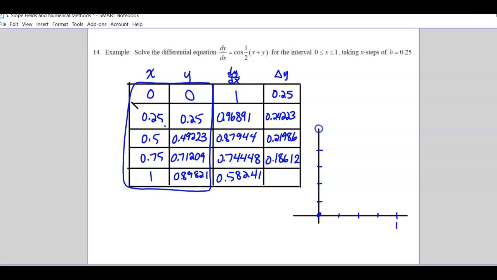So 0, 0, 0.25, 0.25, a little higher, 0.5, a little less than 0.5, 0.75, a little less than that, so 0.71, and 1 is 0.89. I like that. So it's going to be kind of curvy.